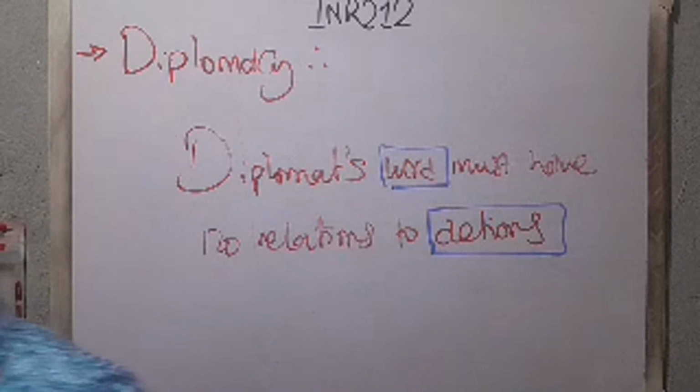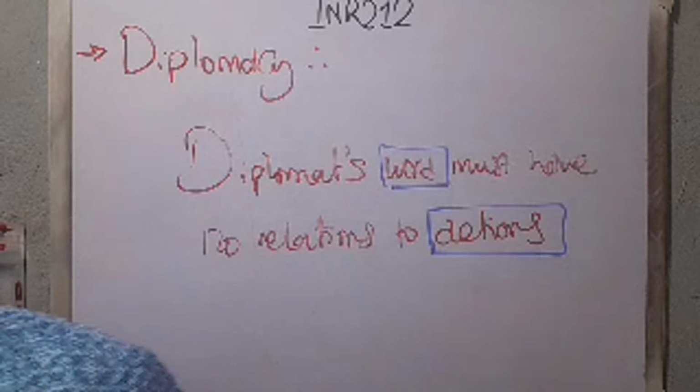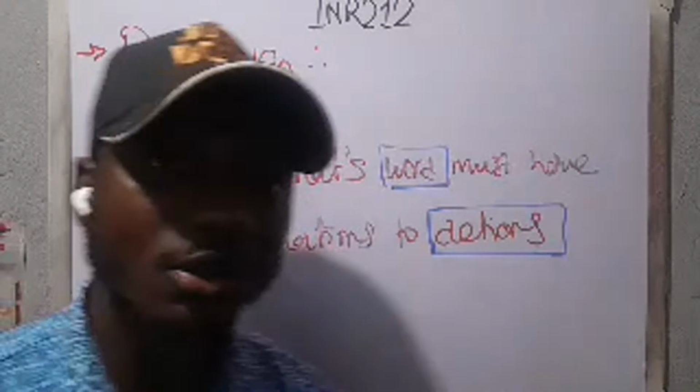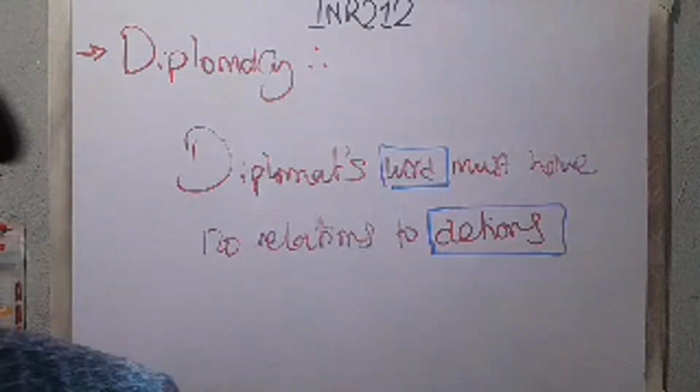A diplomatic relationship does not necessarily mean these countries love each other 100%. It does not necessarily translate to a comprehensive kind of love relationship. It could, but that is maybe 90 out of 100.